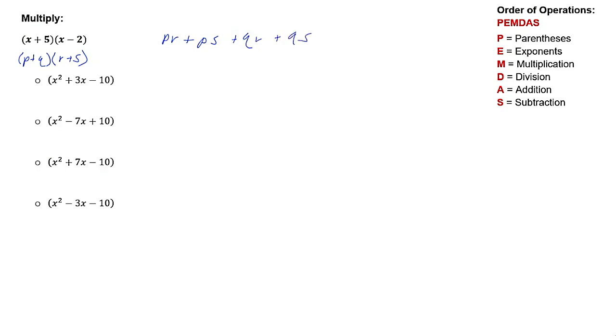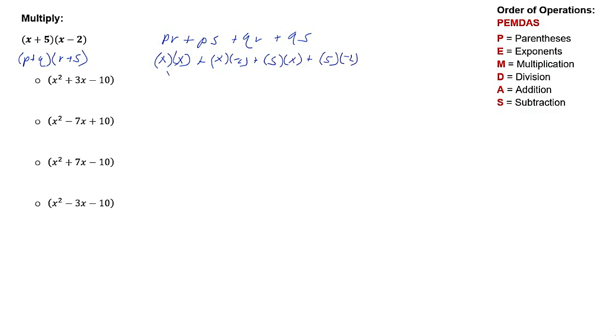Now if we substitute in our problem, we get x times x plus x times -2 plus 5 times x plus 5 times -2.